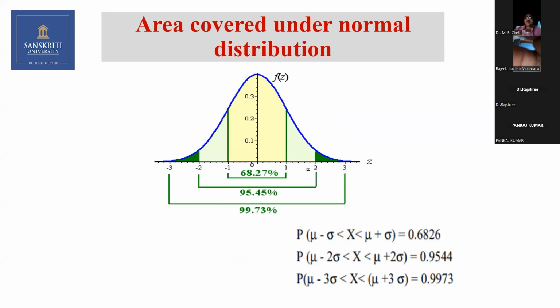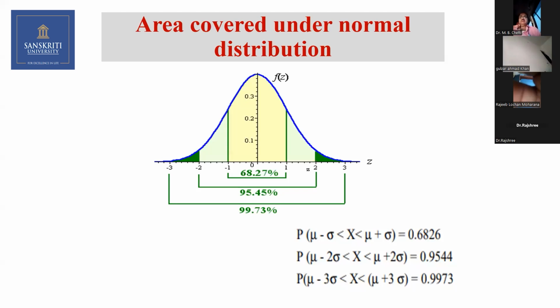Suppose the average marks scored by a person is 70 with a standard deviation of 5. Then 68.27% of the students have got marks between 70 minus 5 and 70 plus 5, that is 65 to 75. Suppose there are 100 students in a class, then almost 68 students might have got marks between 65 and 75. This is what it means.